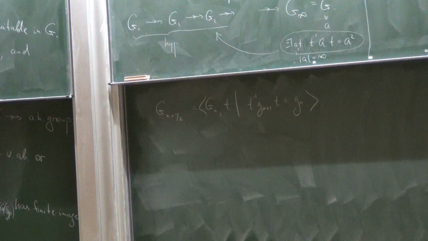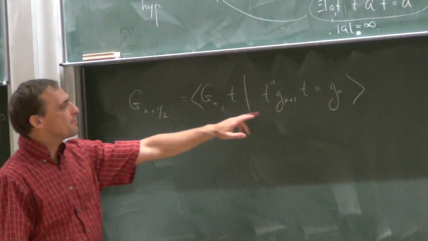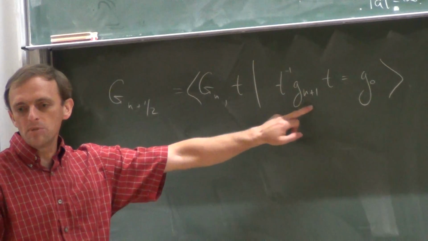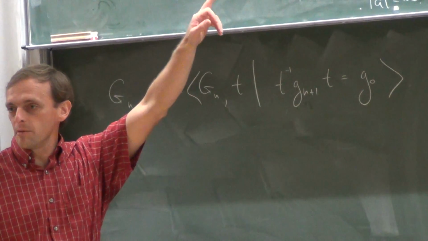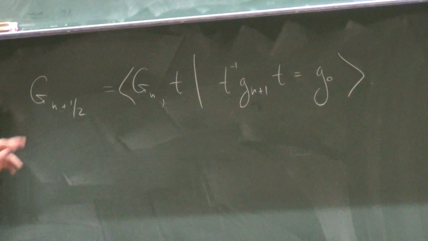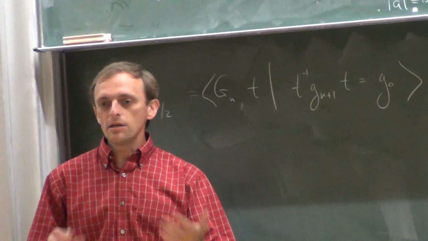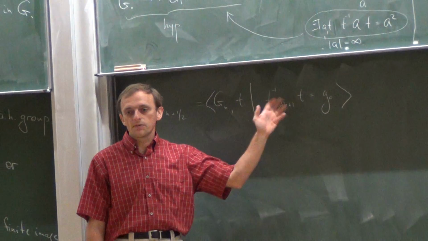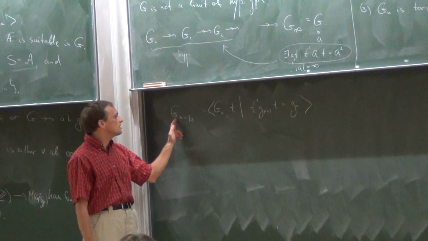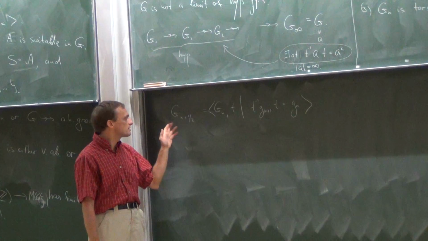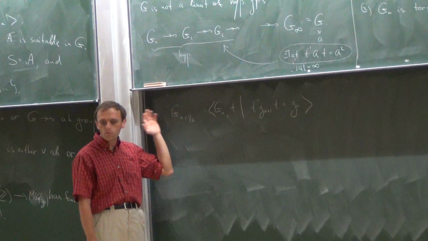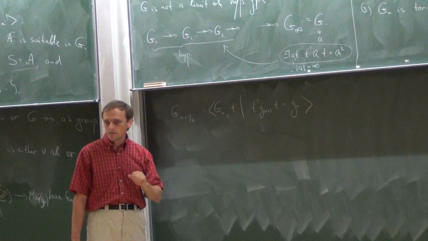Well, you have to be a little bit careful here. It can happen, so by Gn plus 1, what I mean is the image of the element Gn plus 1 in my group Gn. It can happen that this image is already a trivial element. Then I just do nothing. Then in this step, I just take Gn plus 1 equals Gn. That's it.